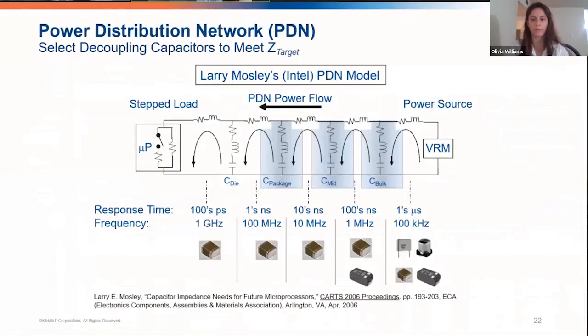So before we move on, we've got a real world example here. This figure shows a power distribution network, or PDN, proposed by somebody at Intel, Larry Mosley, in which the move from the power source to the microprocessor circuit comprises decoupling transitions from bulk to mid-level to low ESR, low ESL as the capacitance values get smaller and smaller because your frequency is getting higher and higher.